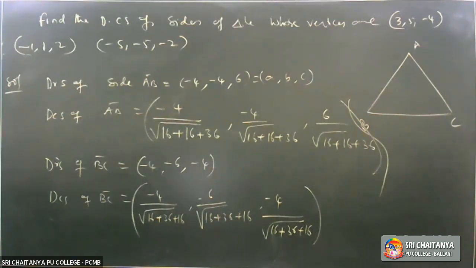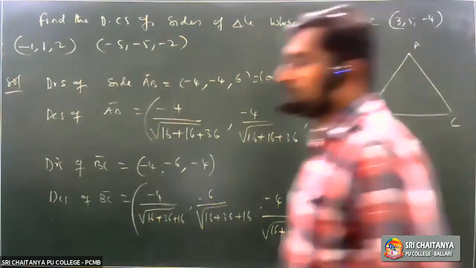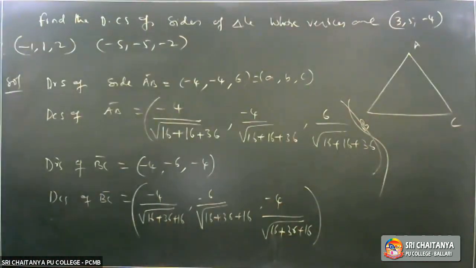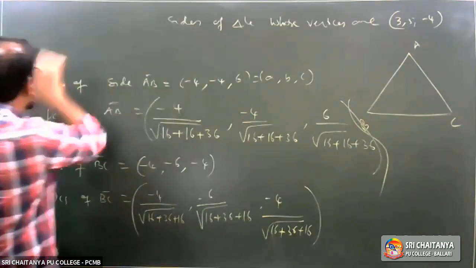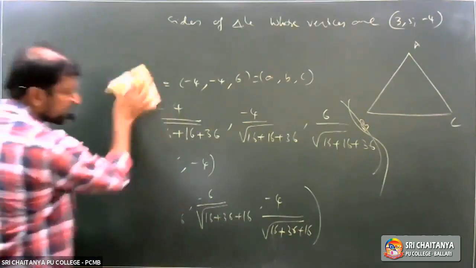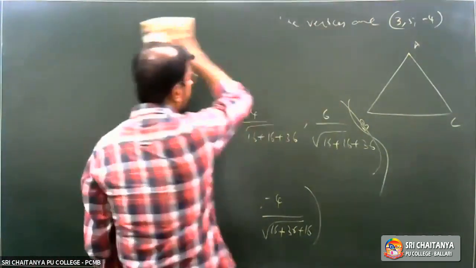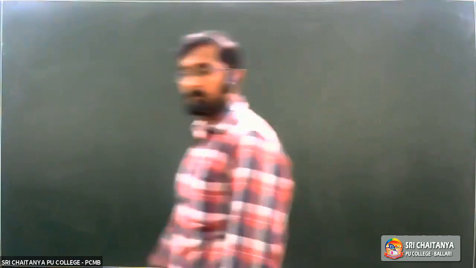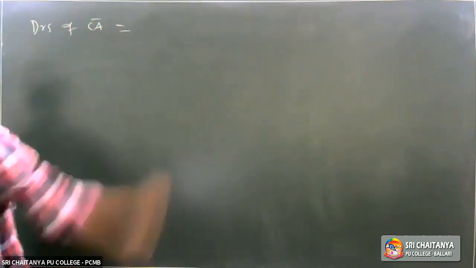That means the direction cosines of CA bar you require to find. I hope you have copied this. DRs of CA bar is equal to, what is CA?